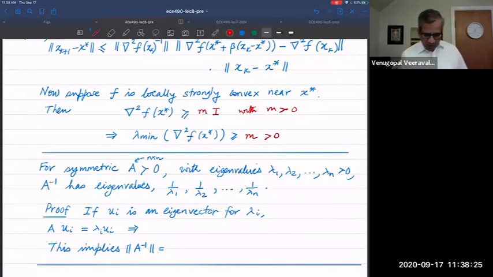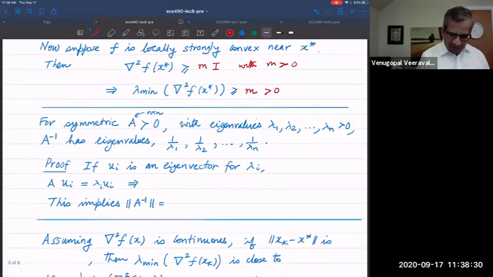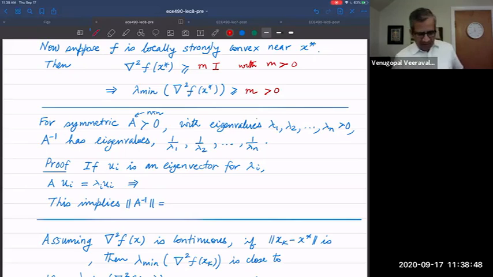Here we'll just give a result from linear algebra, which is very easy, and is similar to other results. I think we did this for the square of a matrix, and we used it last time, or two lectures ago. We'll now look at how the eigenvalues of a positive definite symmetric matrix are related to the eigenvalues of its inverse.